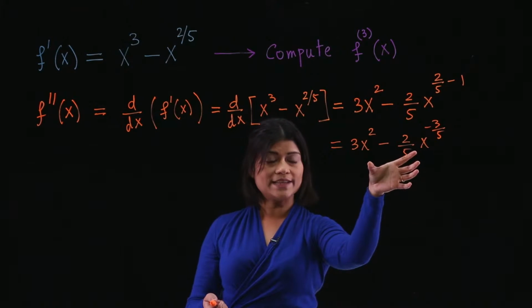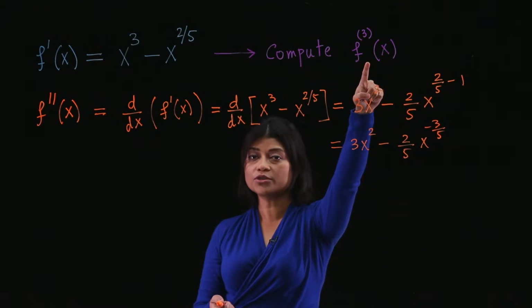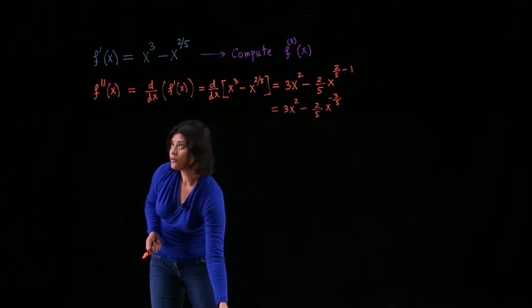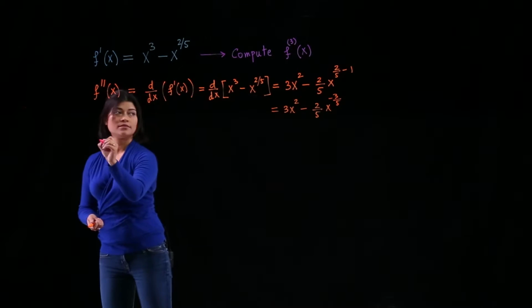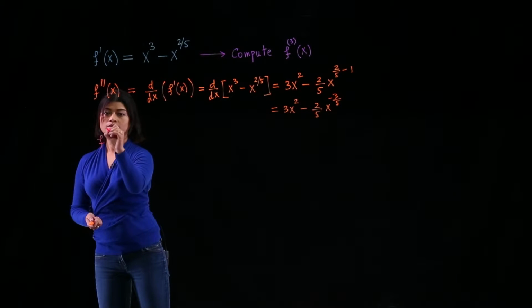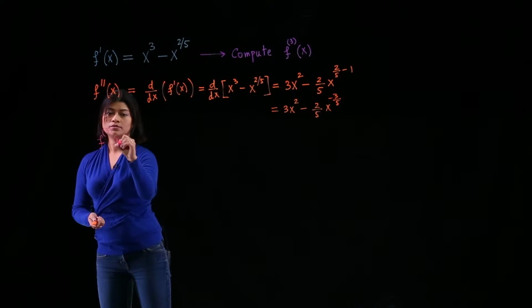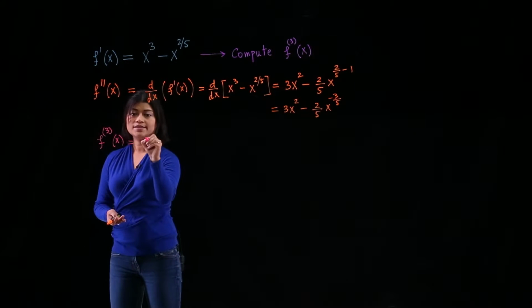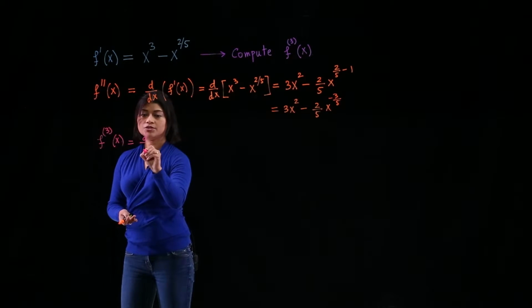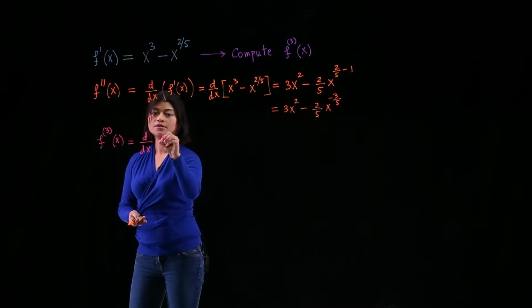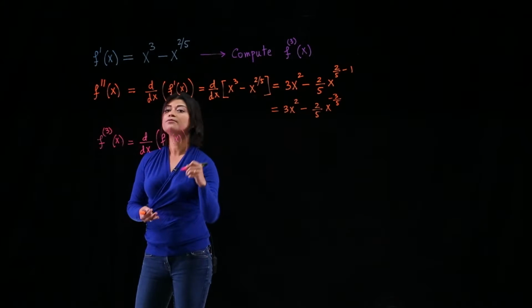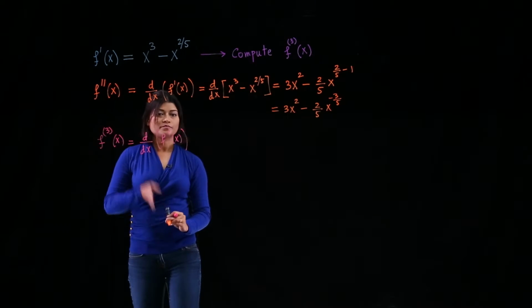Okay, so we just computed the second order derivative. Remember, this is not the final answer because we have to go one more step. We have to find the third order derivative. So next step, let's compute the third order. Now, what is the definition of the third order derivative? This is, by definition, the derivative of f double prime of x, the derivative of the second order derivative.